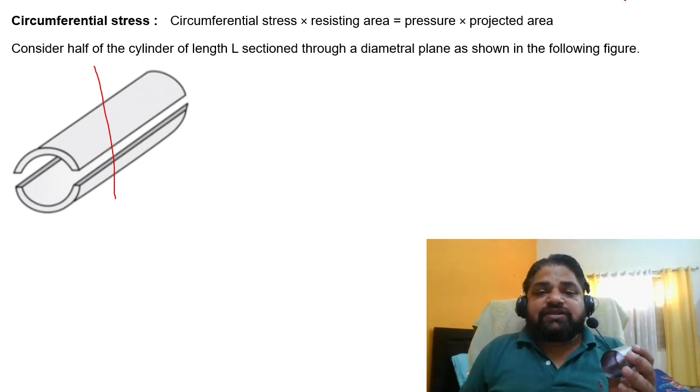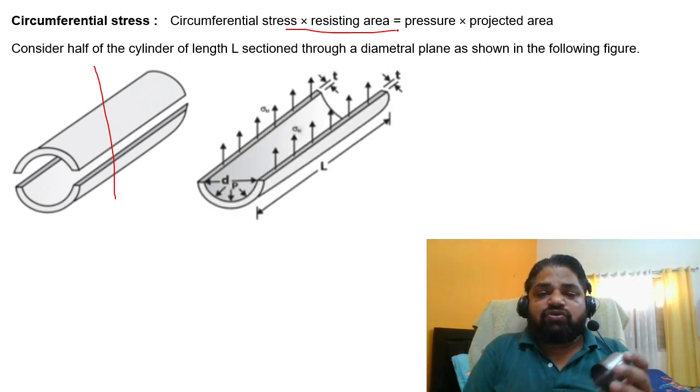To evaluate the circumferential stress, I have extended it a little more. On the half of this cylinder you can see the radial stresses, or the internal pressure, being created, and this is the thickness t, and this side is also t.